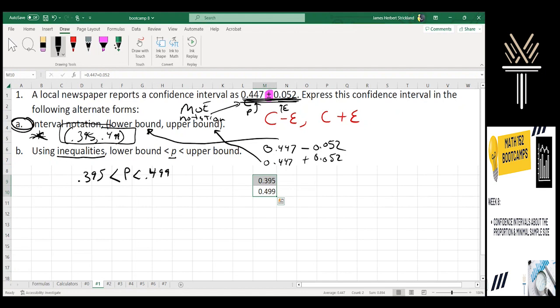But they can technically ask you to do it by inequality or the margin of error notation. They're all equivalent. We just most commonly use the A method. So you're going to generally see me use the A method unless it explicitly says to use a different method. That's all there is to it. Let's jump to the next part.